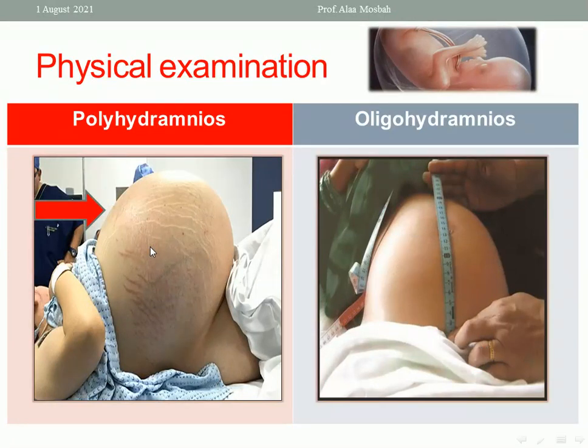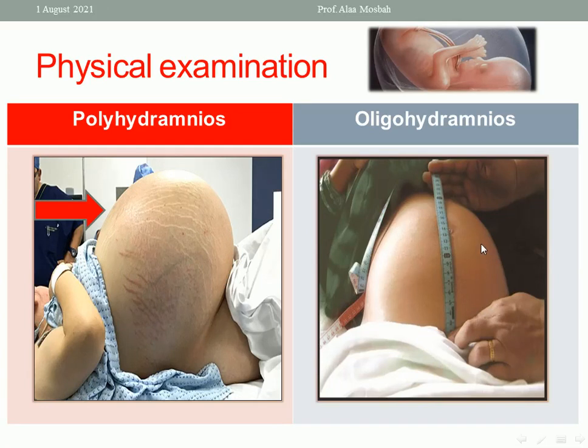Nitrazine test, rupture of the fetal membrane test. As you see in this picture, this is how the abdomen looks in a case with polyhydramnios: diffuse abdominal enlargement, stretched skin, shiny, dilated veins, striae aggravated, as you see, and larger for gestational age.